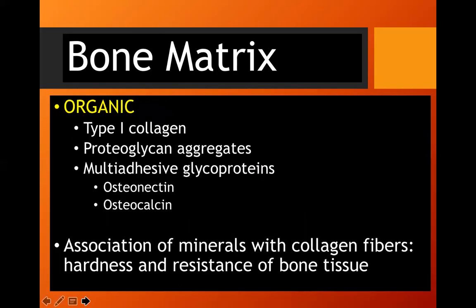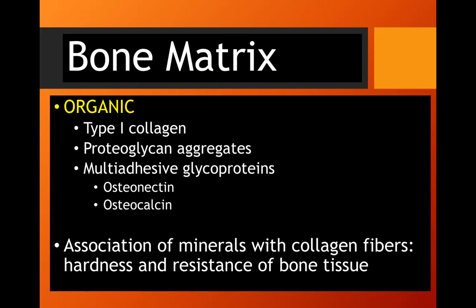The organic one is composed of type 1 collagen. As you've learned in connective tissue, the classification of bones is actually type 1 collagen. To be specific, they are of organic component. They are composed of proteoglycan aggregates, multi-adhesive glycoproteins such as your osteonectin and osteocalcin. The organic bone matrix also is associated with minerals that are responsible for collagen fiber formation.